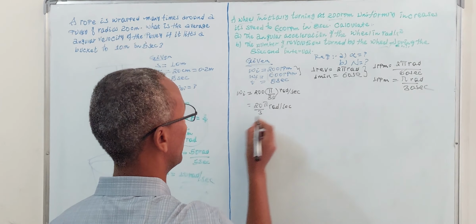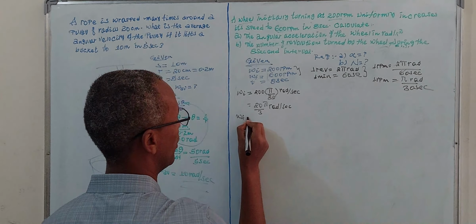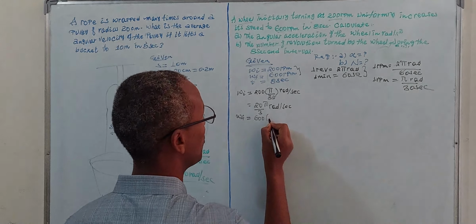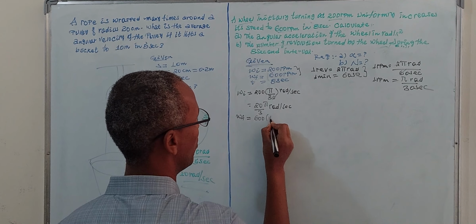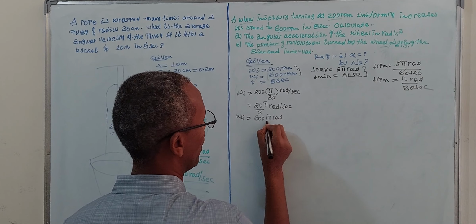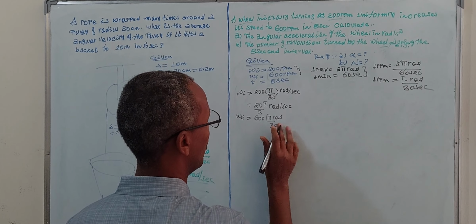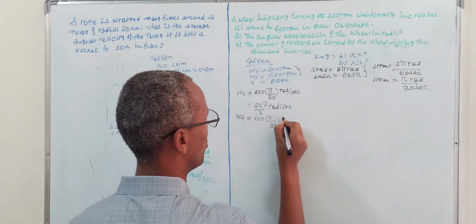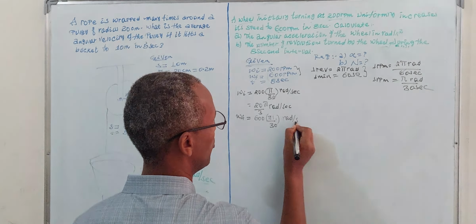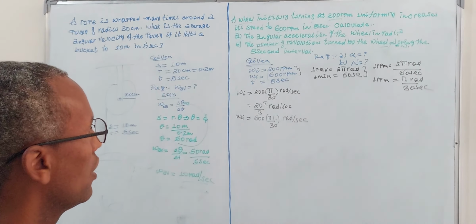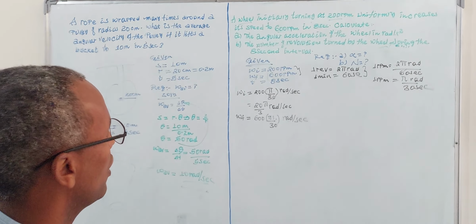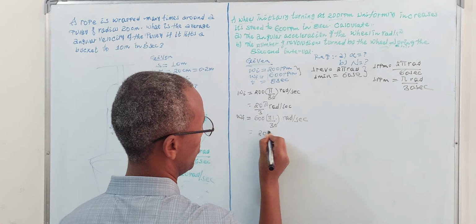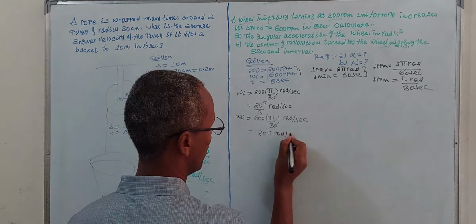And for the final angular velocity, which is equal to 600 revolutions per minute, it is pi rad over 30 seconds, or rad per second, so you will get just 20 pi rad per second.